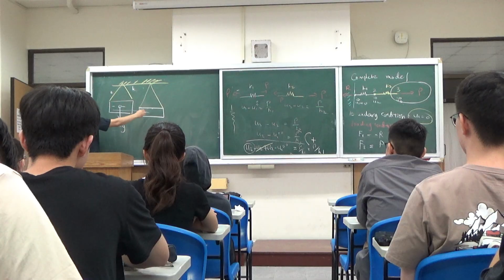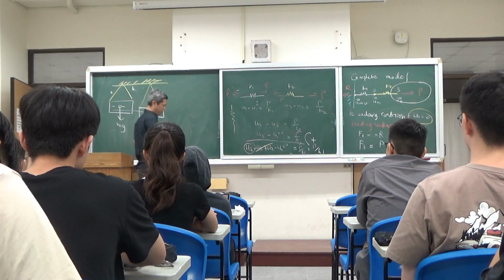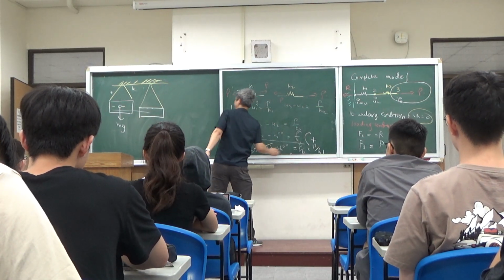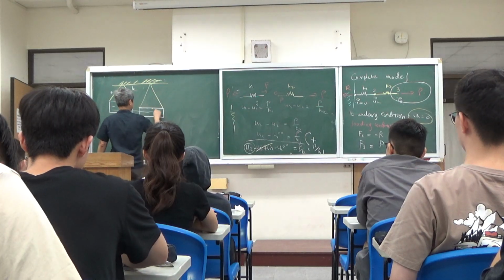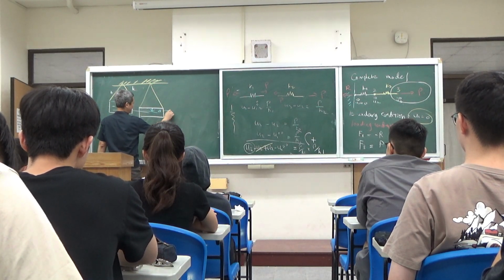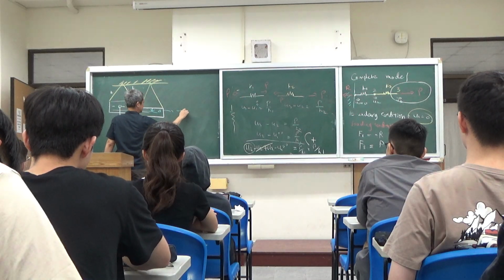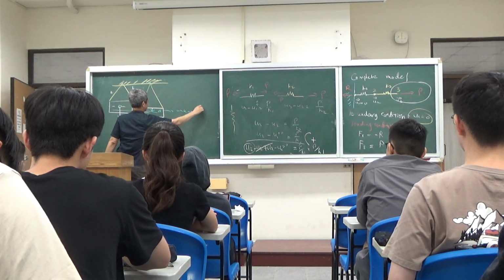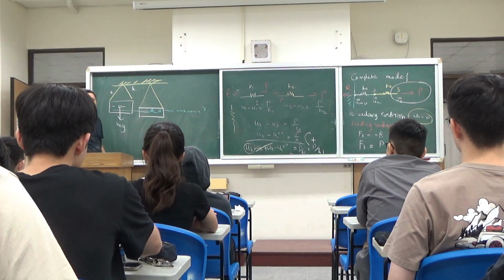How much is the extension? In the textbook I write this as delta, unknown. Will you be able to find this?